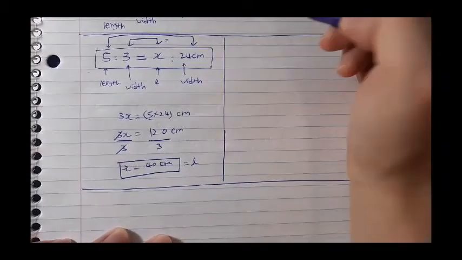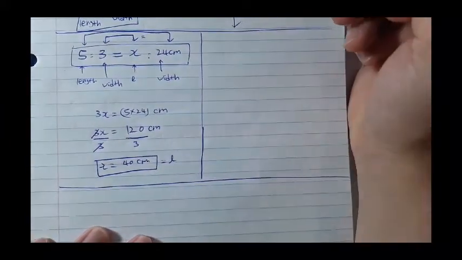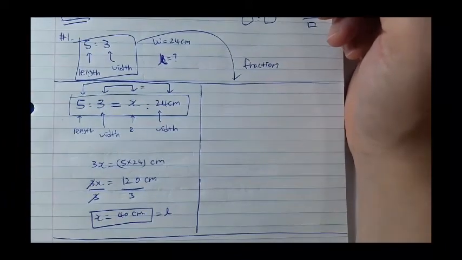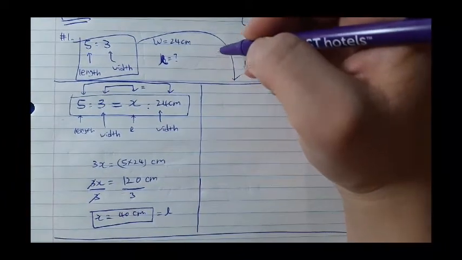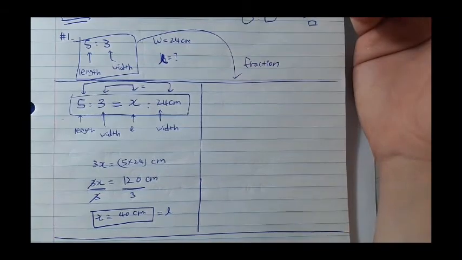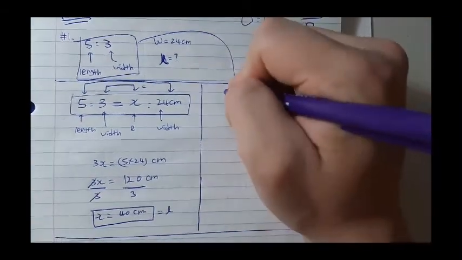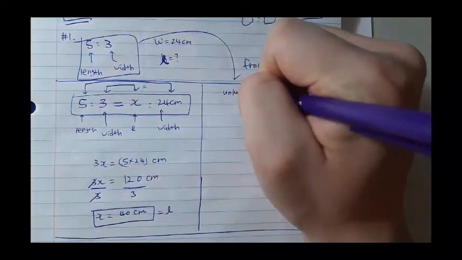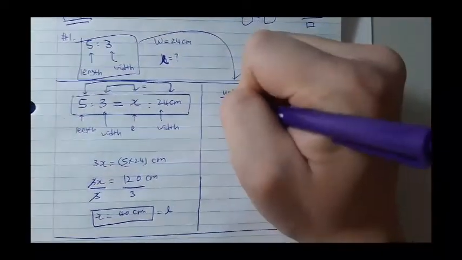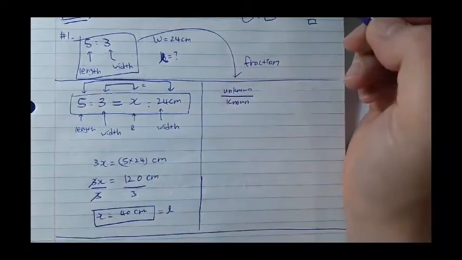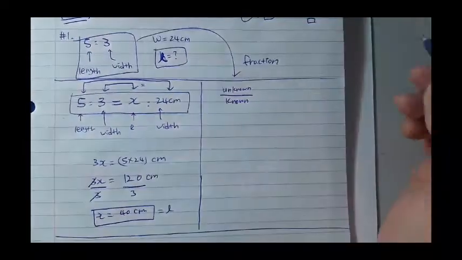Now, the Canadian method. This 5 to 3, you need to change into a fraction. It really doesn't matter which number you put as numerator or denominator, but I like to put the unknown value on the top, known value at the bottom. What I mean by that is length we don't know, right?